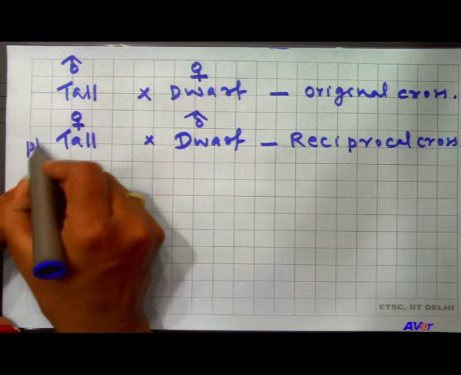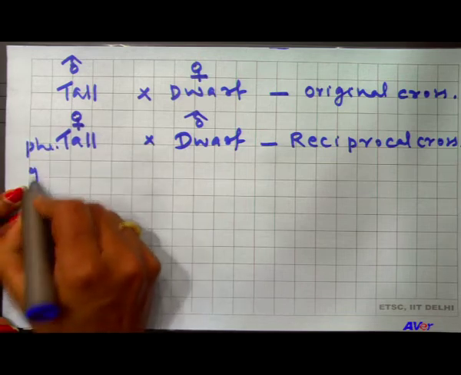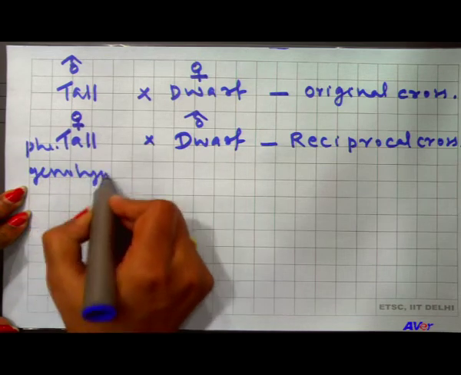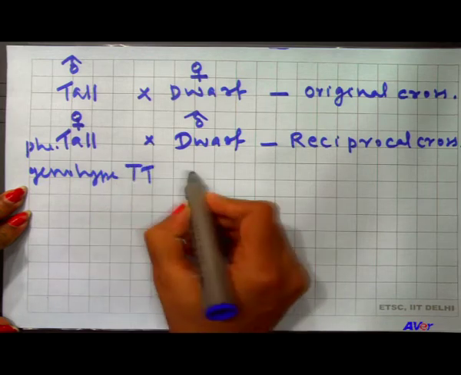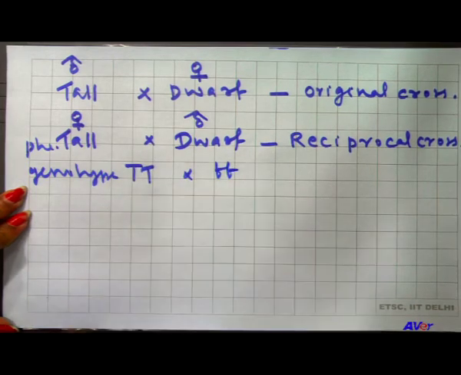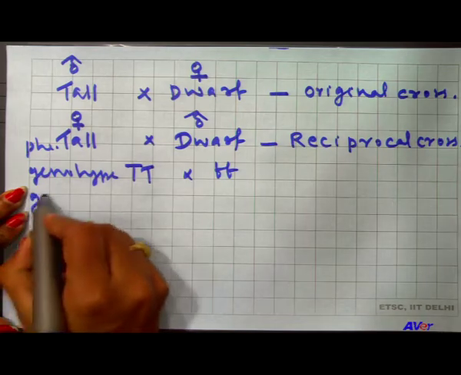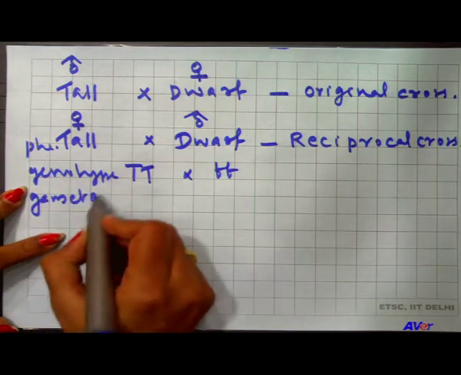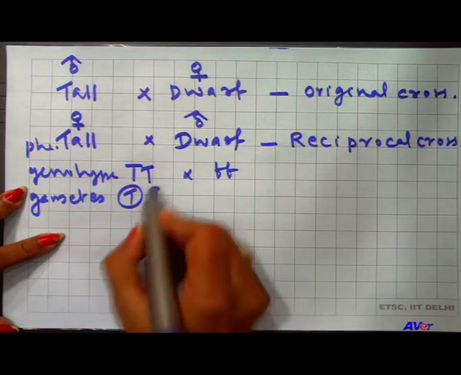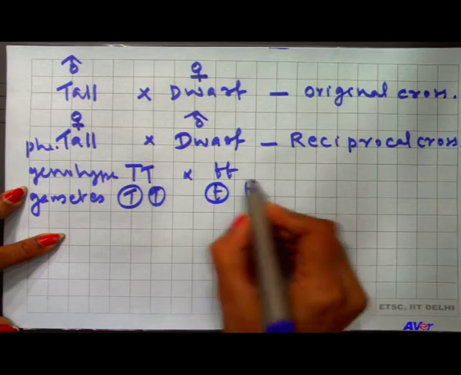So this is the phenotype. Now comes the genotype: capital T, small t, small t. Gametes: capital T, small t, like this.